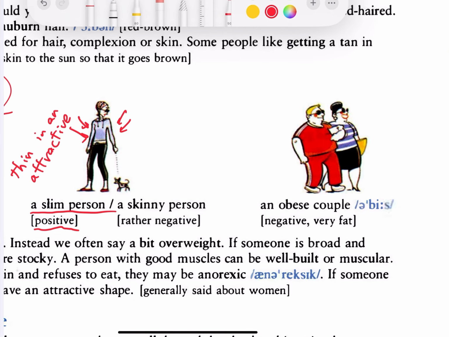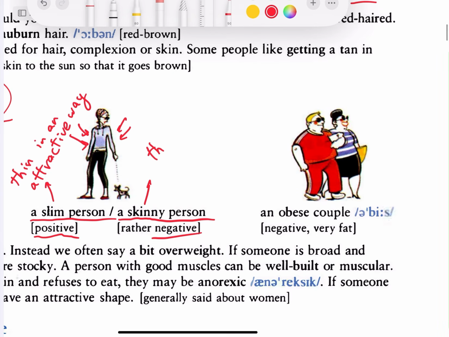If we mean she's thin in an unattractive way, we say skinny. Skinny is negative. For example, too thin, that looks unattractive.